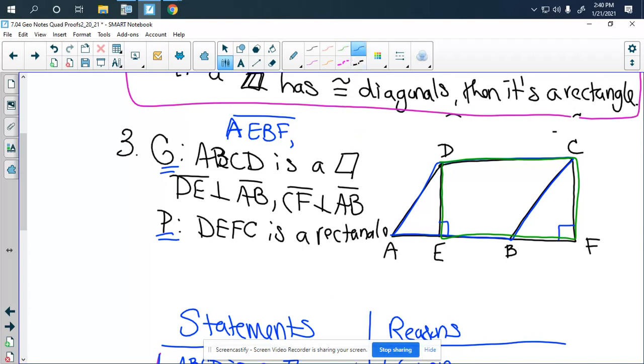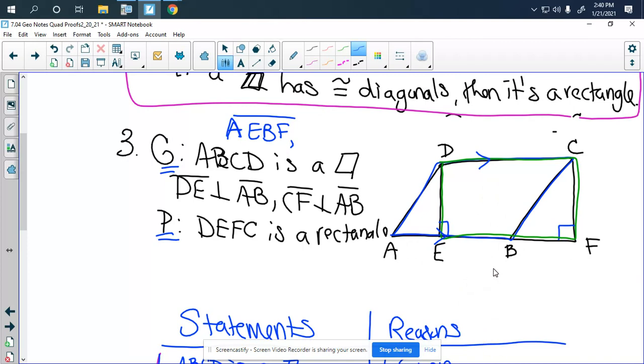So if I know that this blue quad is a parallelogram, I know opposite sides are parallel. Now if you notice here, the blue and the green lines lie right on top of each other. Just on the bottom here, the green extends past the blue, and the blue extends past the green in the other direction. And if we know that the blue lines are parallel, then we know those green lines are also parallel.